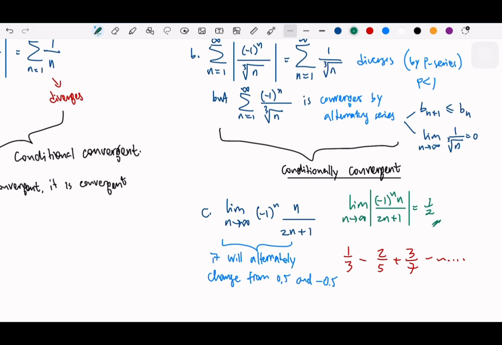You see that this has a number here, so it's not 0. The limit is not 0, it's 1/2. So the implication is that the series jumps from 0.5 to negative 0.5. So we could say by the divergence test, it is divergent. Oh, why am I writing convergent, divergent?